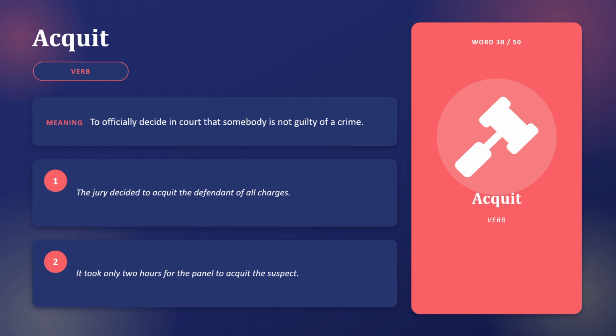First example, the jury decided to acquit the defendant of all charges. The jury, a group of judges, is called jury. Defendant means respondent.